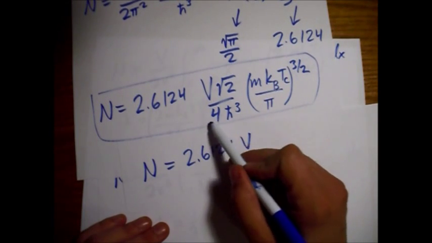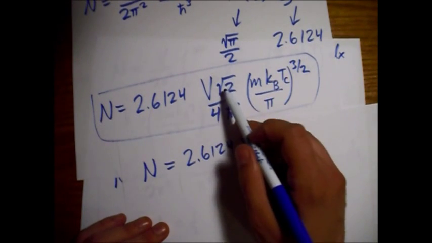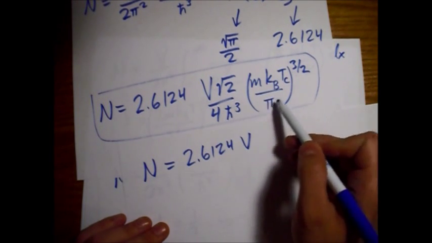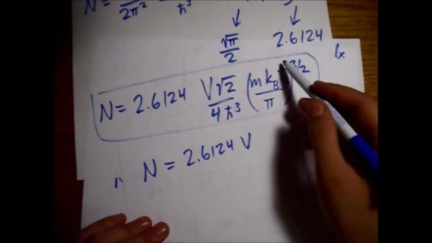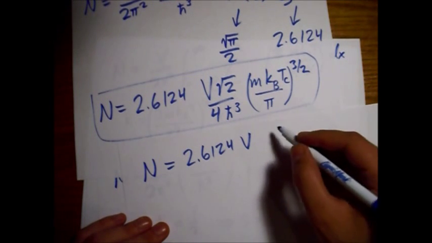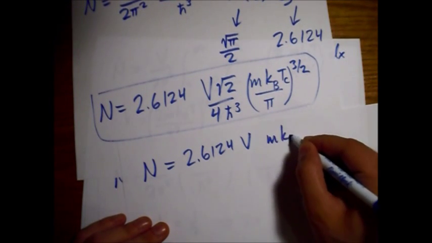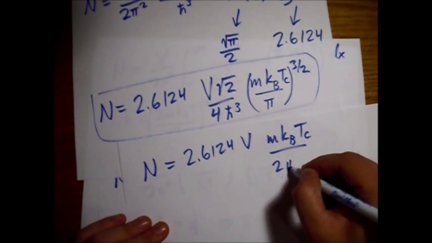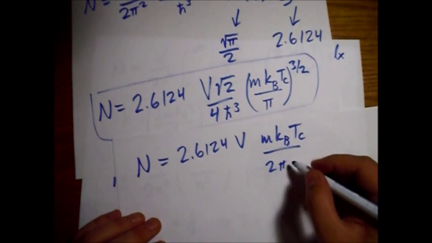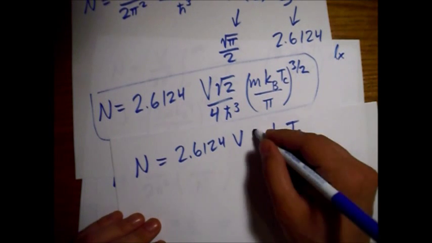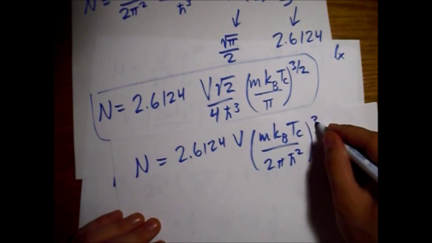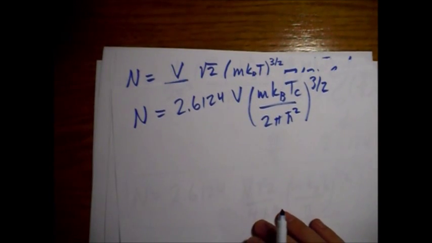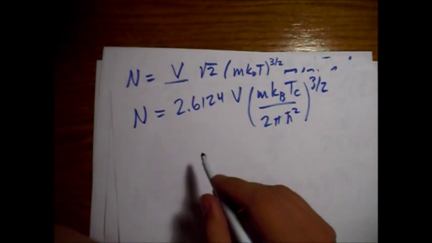For example, here's a 2 squared and a square root of 2. So this 2 can also go into this mess right here. So we have a 2 pi, and let's just bring in an h bar squared as well, like this. Alright, so we're able to gather a few things together a little bit more.